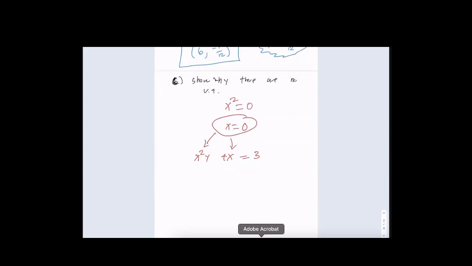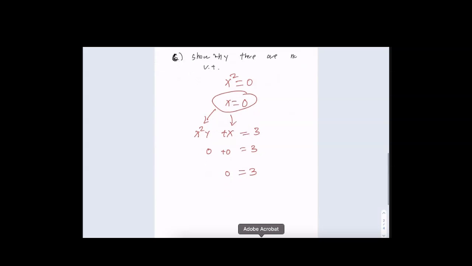So 0 squared y plus 0 equals 3, which gives me 0 equals 3. So, no solution? Yeah, there's no solution. There are no vertical tangents.